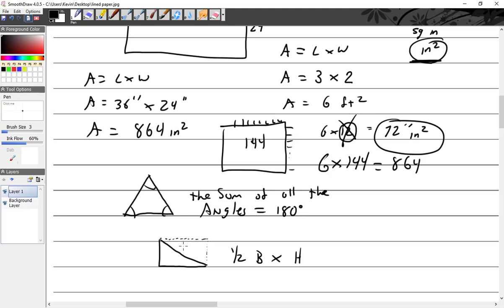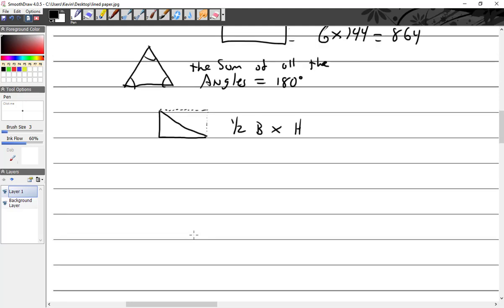That's for like a right triangle. It works out either which way. 1/2 base times height is your other one.